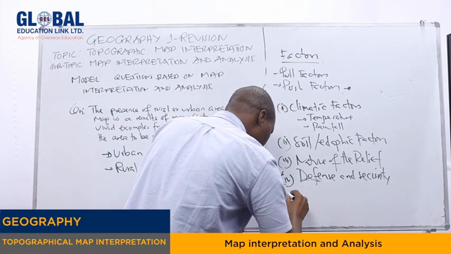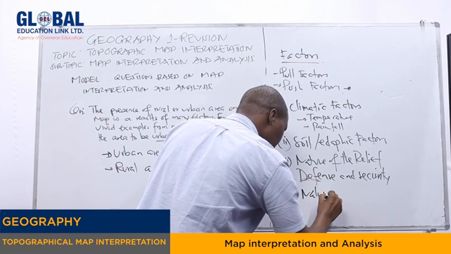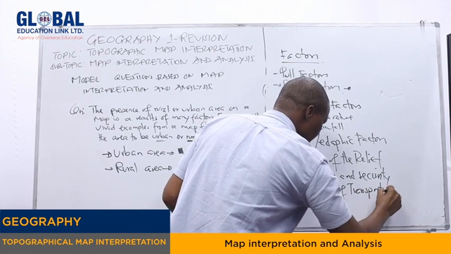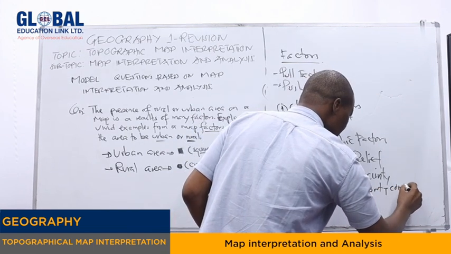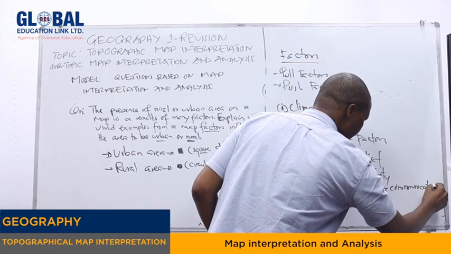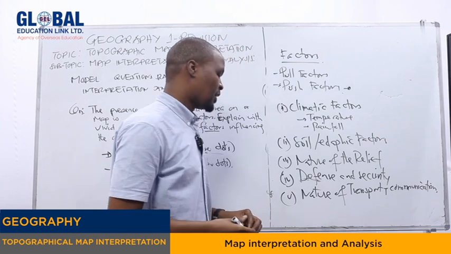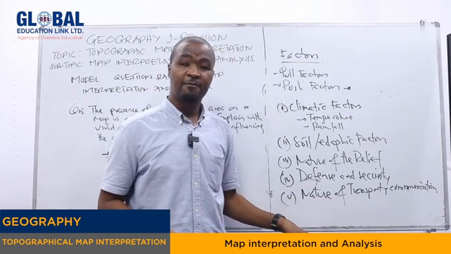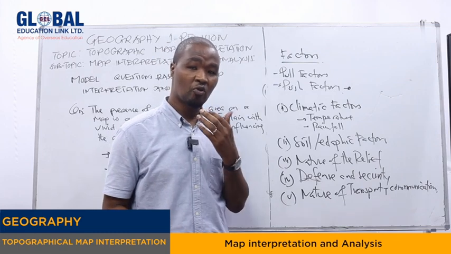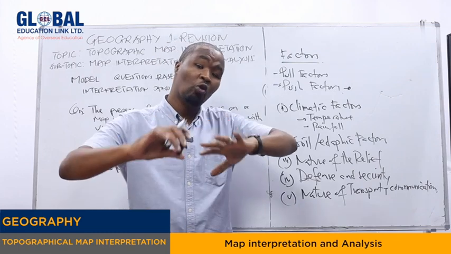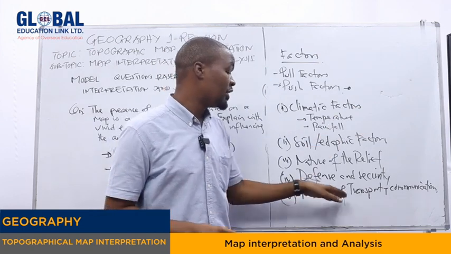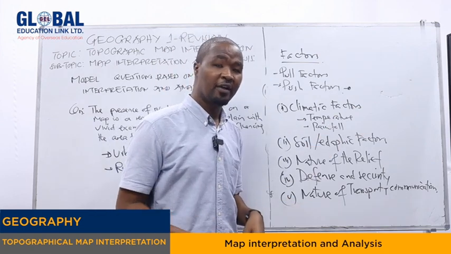Then we have nature of transport and communication. This is another factor that may affect the area to be rural or urban. As you can see, most of the urban areas have good transport and communication facilities compared to rural areas. So most of the people in rural areas may shift to urban areas depending on the nature of transport of a given area.